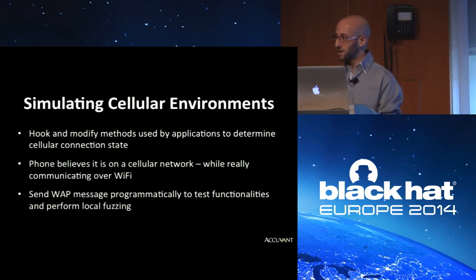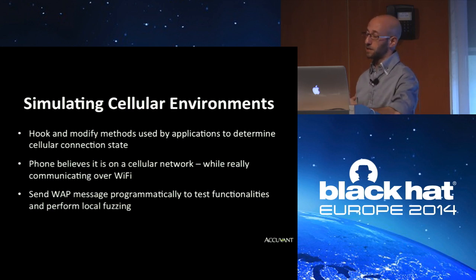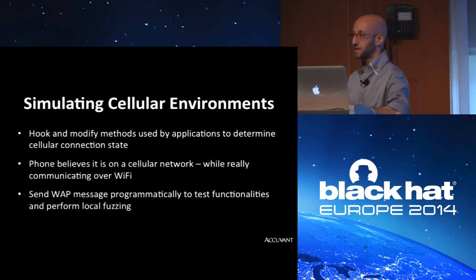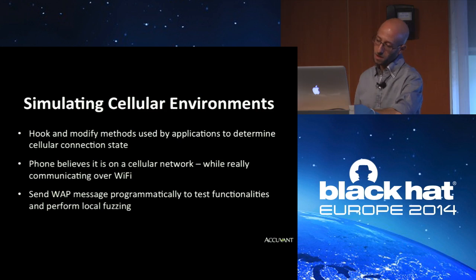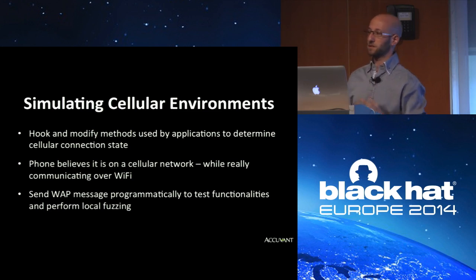What we did is modify the methods on Android as well as custom hooks in different OMA clients and tell it it was on a cellular network when it was really just on Wi-Fi, and did a bunch of testing just over Wi-Fi. You can also just programmatically send WAP pushes or any kind of other information locally.